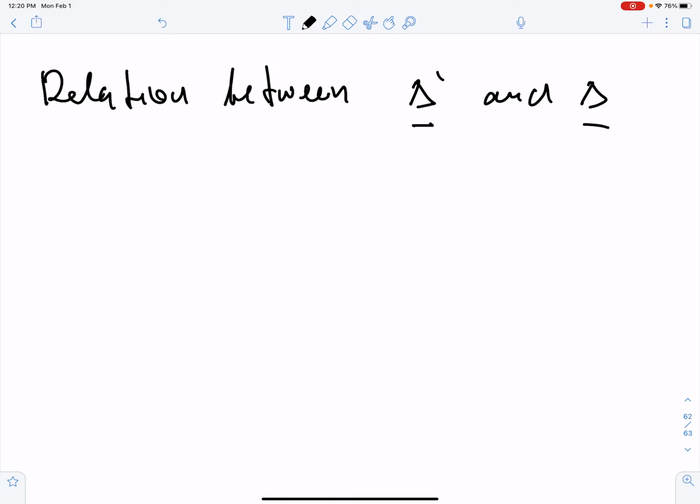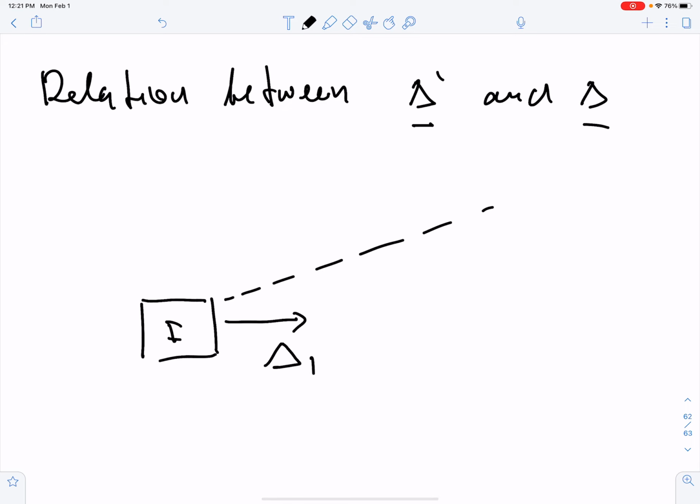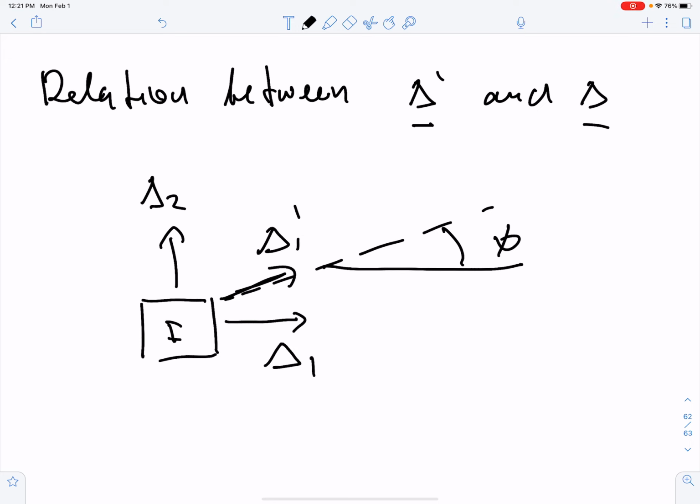Well, let's zoom in on node I. This is our element, and you can have a displacement like this, delta 1 and delta 2. This is angle phi. And then you can also have a displacement delta 1 prime and delta 2 prime.